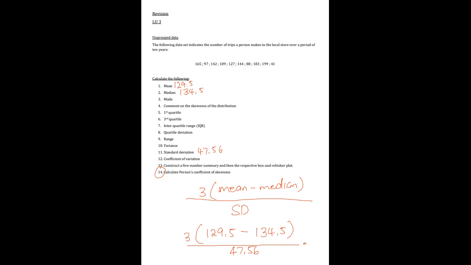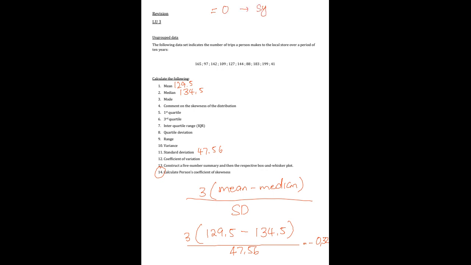Now here, the rule when you calculate your Pearson's coefficient of skewness is that if you get a value that's equal to 0, that would mean that it is a symmetrical distribution.